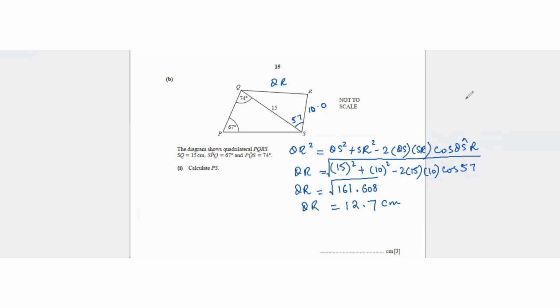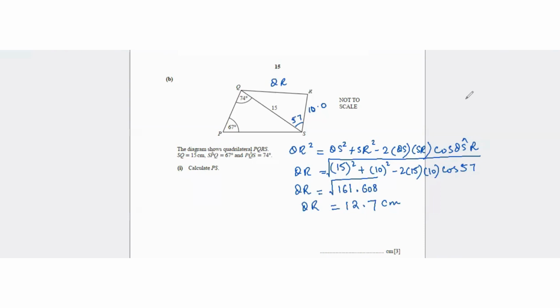You have to first find the complete value of the product of 2 times 15 times 10 times cos 57. And once you have that final value of the product of these four terms, then you subtract it from your sum of the squares.